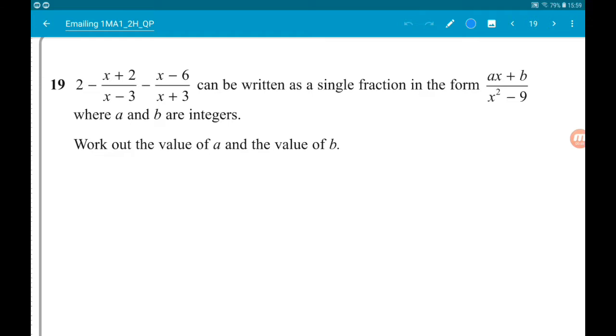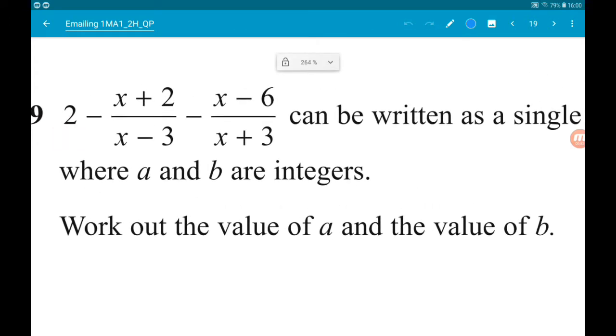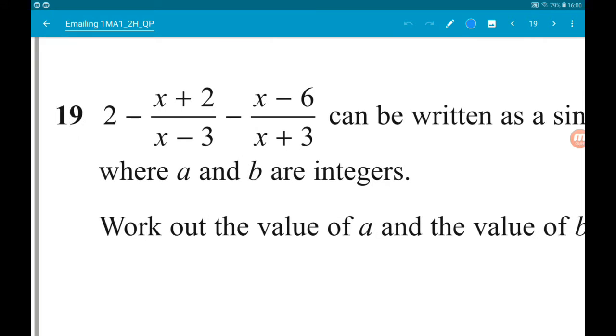Okay. So what we're going to do is not do everything in one go. Let's first of all look at combining 2 minus x add 2 over x minus 3.